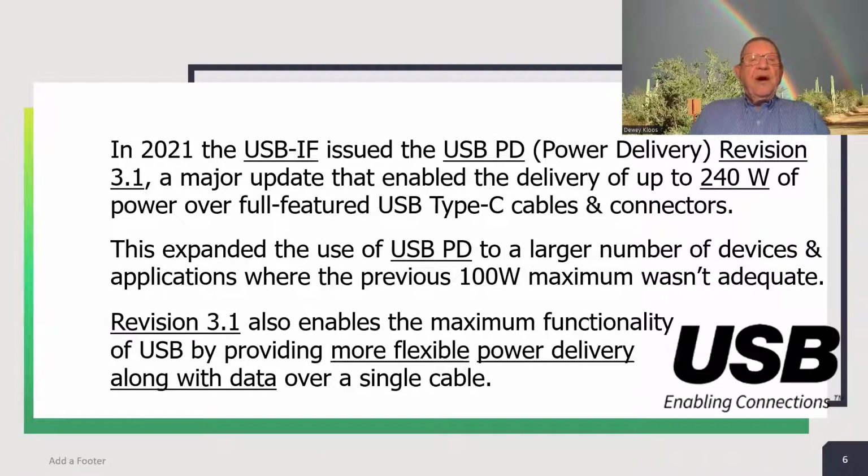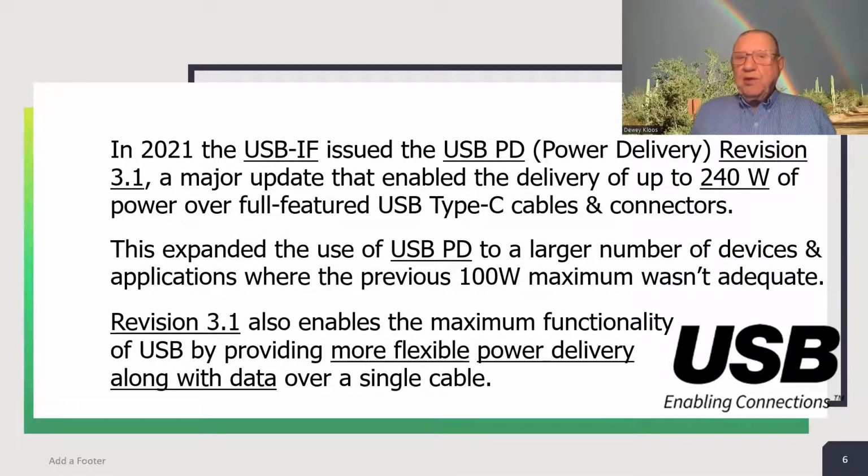In 2021, the USB-IF issued USB Power Delivery Revision 3.1, a major update that enabled the delivery of up to 240 watts of power over full-featured USB Type-C cables and connectors. In other words, the very heaviest duty.